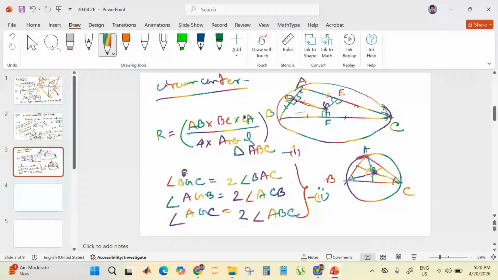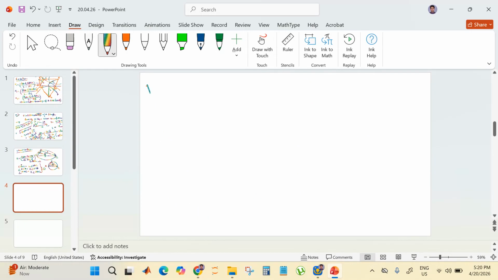These three equations, or set of equations, you have to remember, is very important for exam purposes. So this is the most important theory, and one problem you can definitely solve considering this theory.